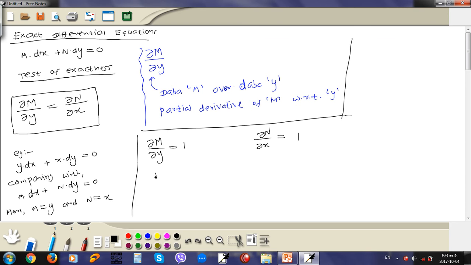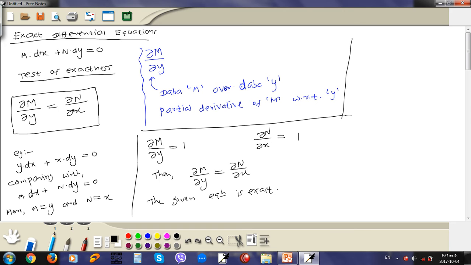Both are 1, so del M over del y equals del N over del x. Our condition is satisfied, so the given equation is exact.